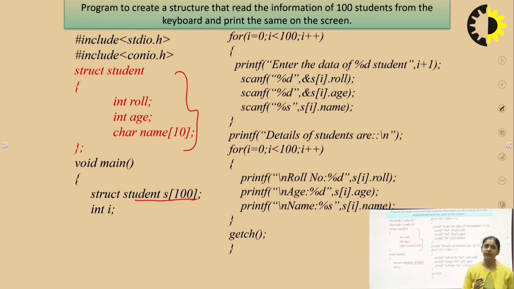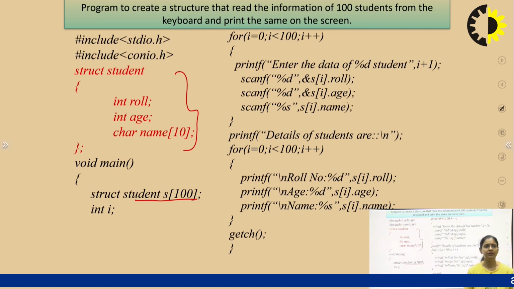So, to input the information of the 100 students, the way we were doing in arrays, here again we'll run a loop starting from 0 till 100. So, here we have a for loop wherein for each student, that is Si, each Si will have a roll number, will have the age and will have the name.